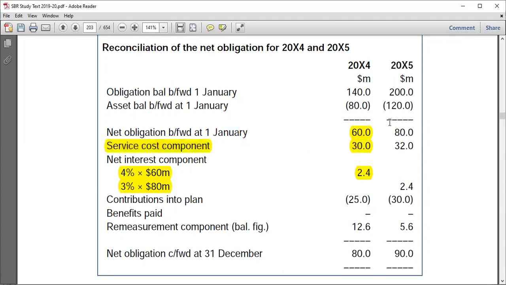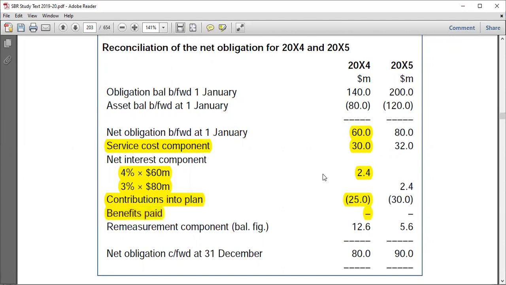We just write 30, it increases the liability. The net interest component would have the same sign as this net figure, which is obligation. Contributions into the plan increase the assets and so would have a negative sign to go against liabilities. As we said, benefits paid would have no impact here, so it's nil as you see here.